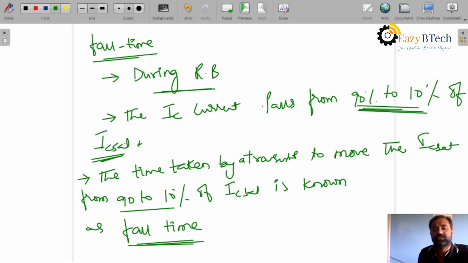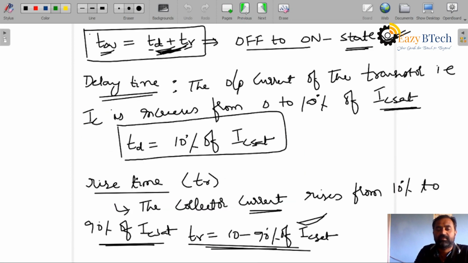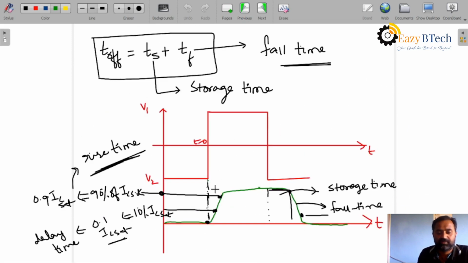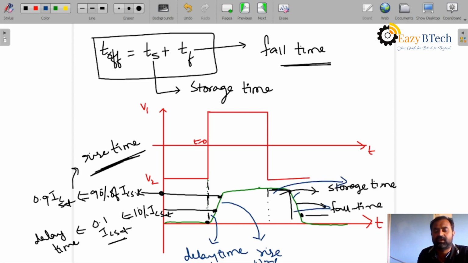These are the switching speeds of the transistors. Always remember, this is a delay time. This is a rise time. This is a storage time, and this is a fall time.